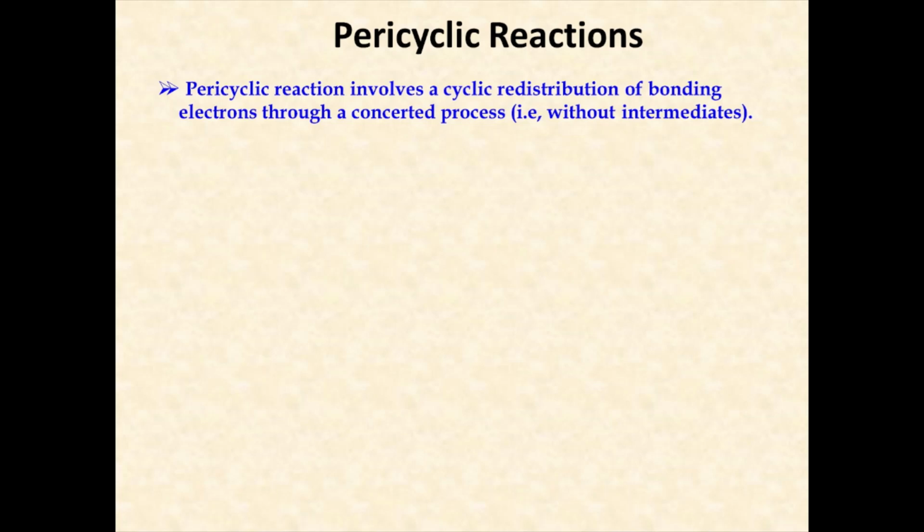In a sentence, a pericyclic reaction involves a cyclic redistribution of bonding electrons through a concerted process, where mostly it doesn't involve intermediates, that is, without intermediates.